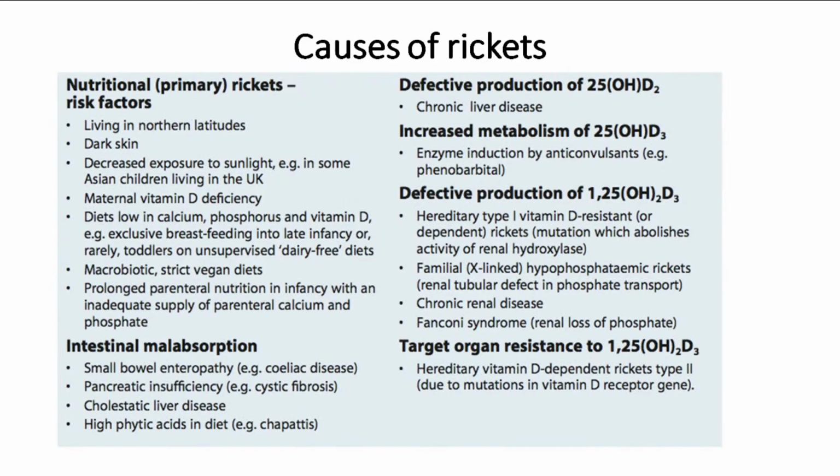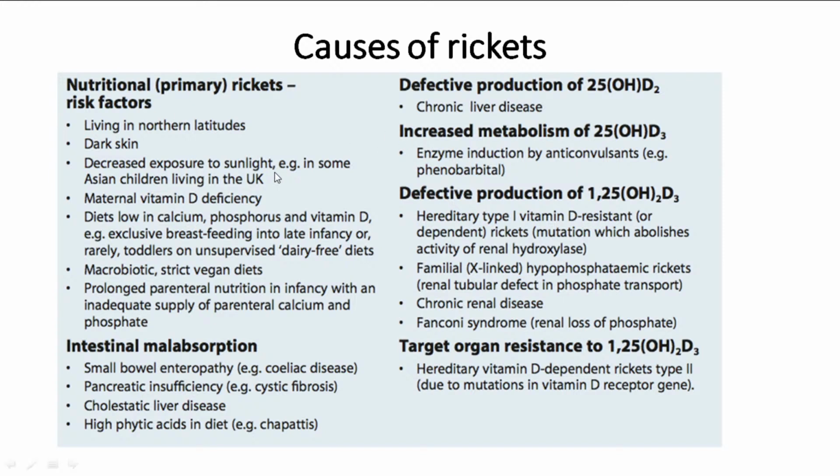Once again, to summarize, classification of the causes of rickets. Nutritional primary rickets risk factors. Living in northern latitudes, of course, it's just the deficiency of sun. Dark skin, where we have small production of vitamin D in skin.